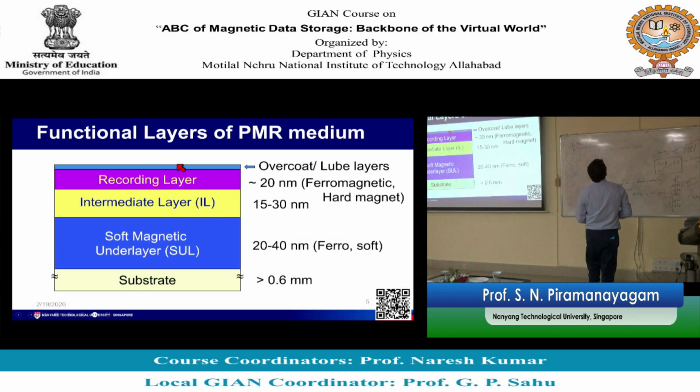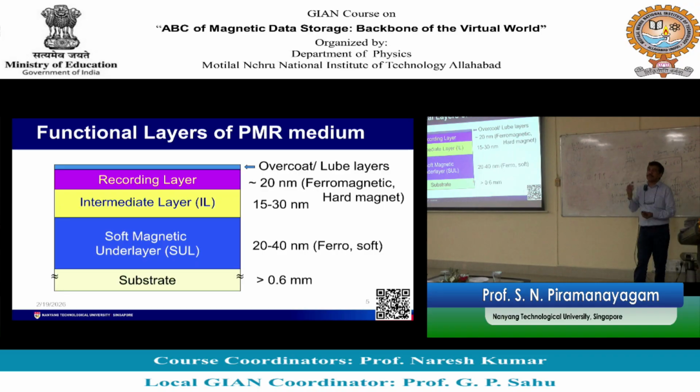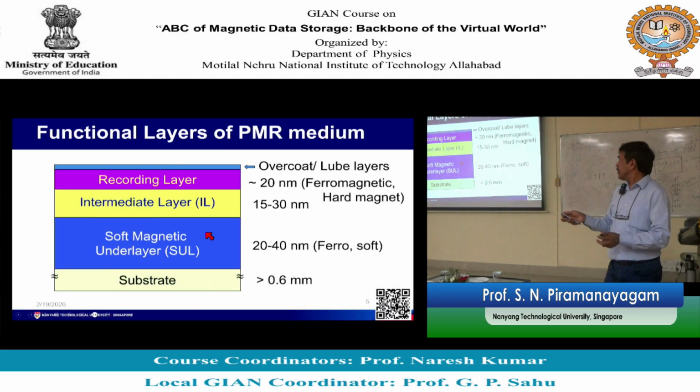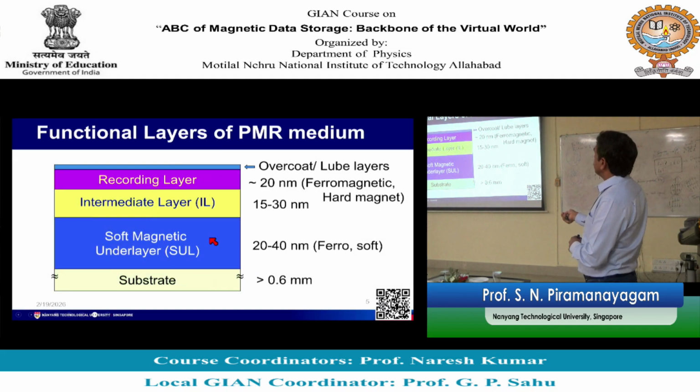If you have a magnet and you go away from it, the magnetic field is going to diverge. So, you do not want to go here, the magnetic field is going to be weaker, you want to stay closer to the magnetic poles. So, we do not want to make this very thick, in that case this layer is far away from the head. Okay. So, there is some reason why we choose different thicknesses.